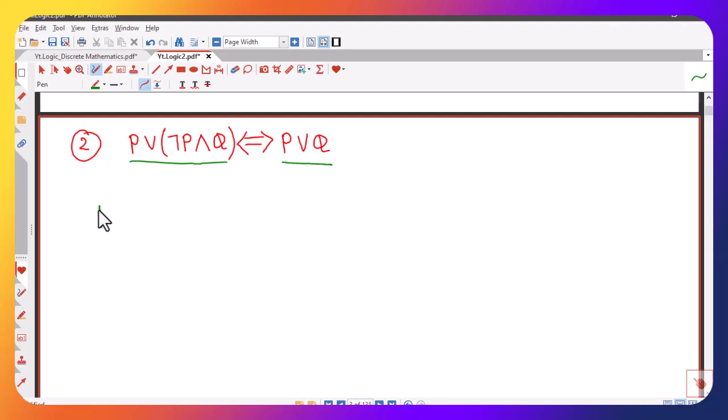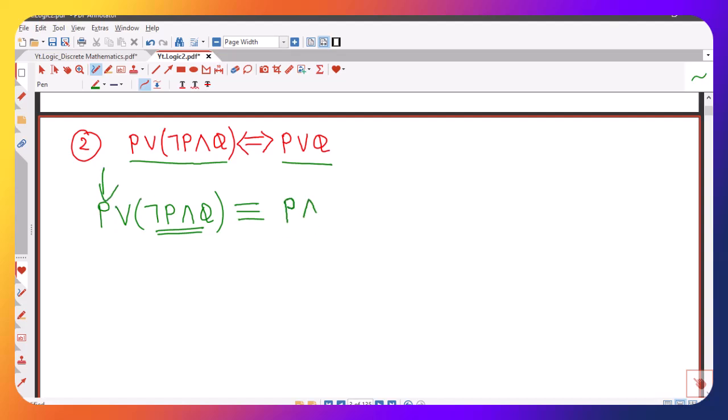So first we find out the principal disjunctive normal form of P or negation P and Q. This is already a min term containing two variables, so I have to work for this.